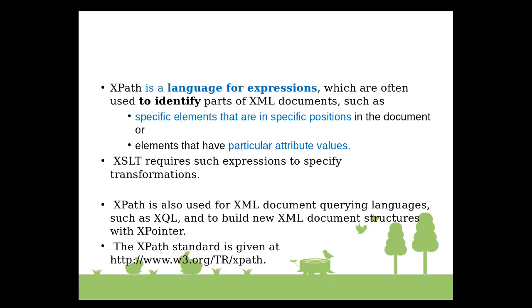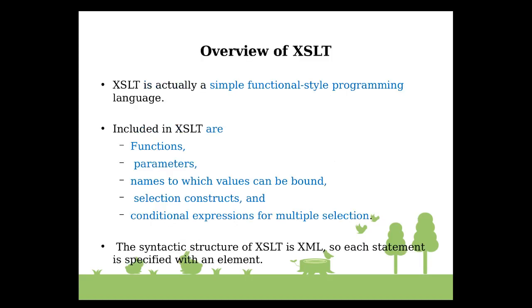XPath is also used in XML document querying languages such as SQL, and to build new XML document structure using XPointer and so on. So let's see the overview of XSLT.